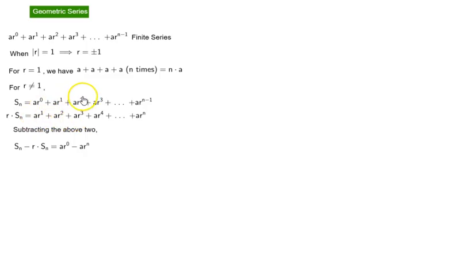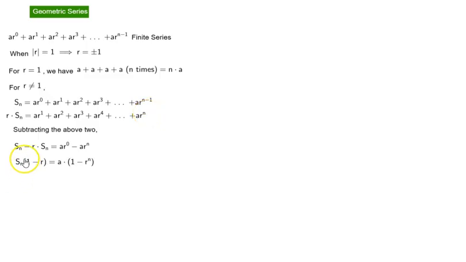AR1 and AR1, AR2 and AR2, AR3 and AR3, up to ARn minus 1 and ARn minus 1 will cancel out. And we are left with only AR0 and ARn.